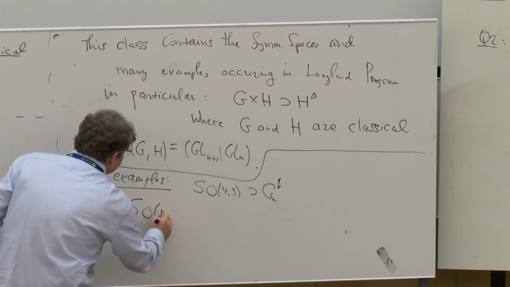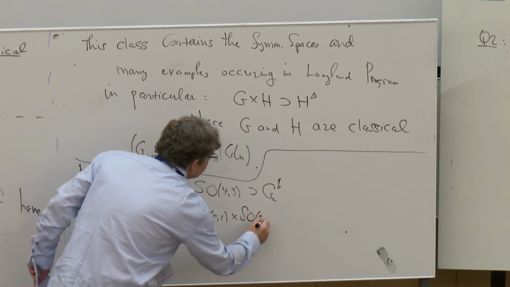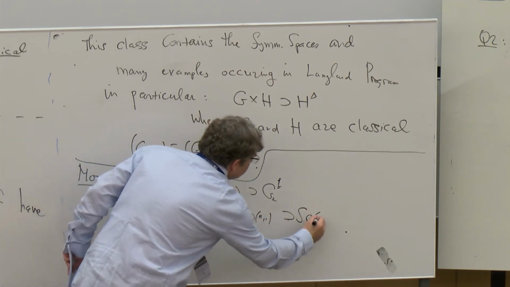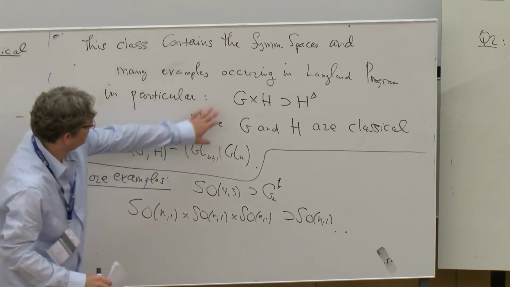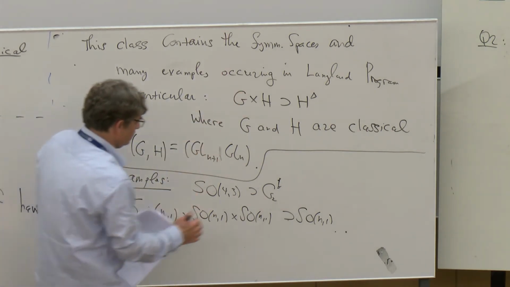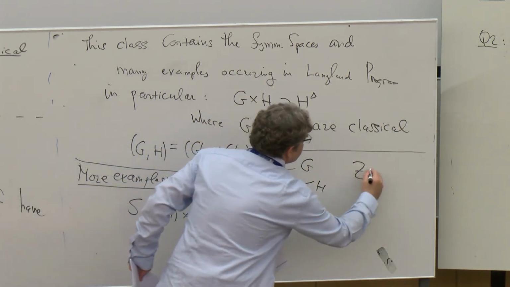And then the example I said earlier, SO(n,1) triple product with SO(n,1) embedded. Here, this is G, and this is H, and the space is G mod H.